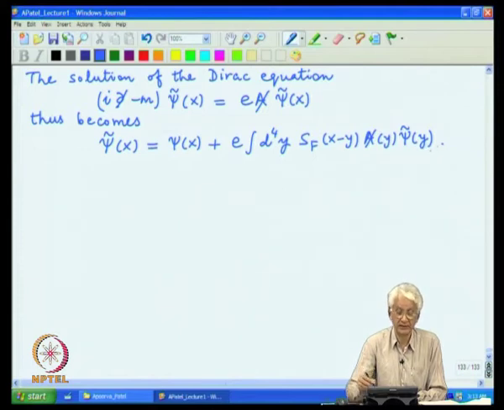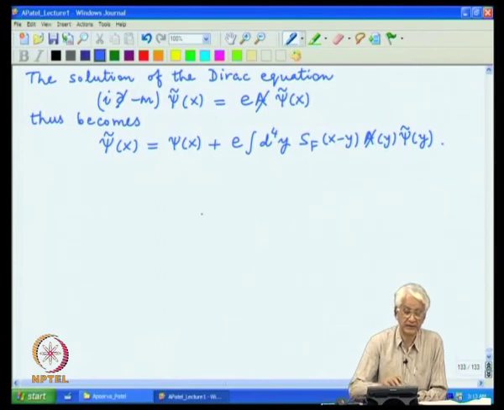Again, this is a formal expression, but if you want to use perturbation theory, we can iterate it. The leading order is just psi tilde equal to psi. At the next order, psi tilde will be psi plus e integral S F a slash psi. Then you can take that whole expression and again put it in terms of psi tilde to get accuracy to next order, and so on and so forth.